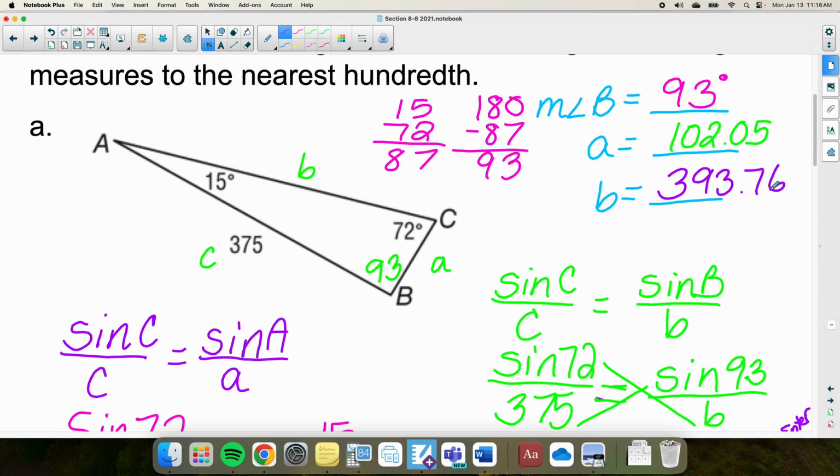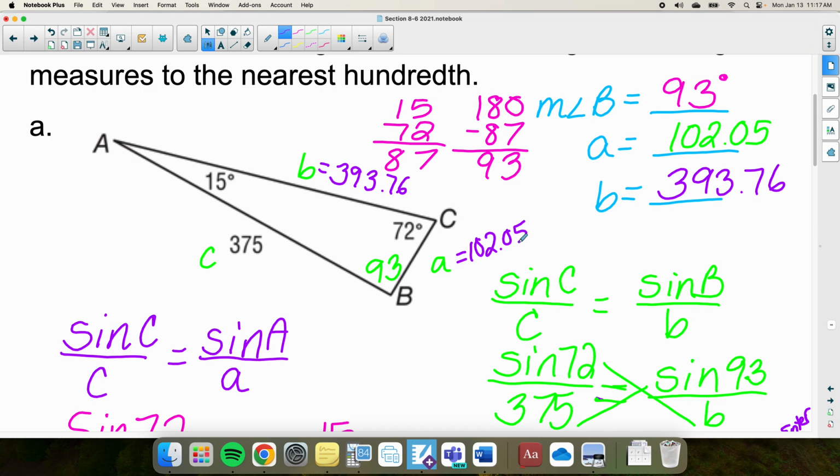Now, one thing I can tell you guys too is once you're done, you could put your answer in on this diagram and kind of check it out. Now, first of all, A was 102. First of all, as I was grading your tests this weekend, one of the things I noticed is like kids would have a problem where maybe one side was in the 300s, one was in the 100s, and then a side would be in the 24,000s. That wouldn't be right, right?